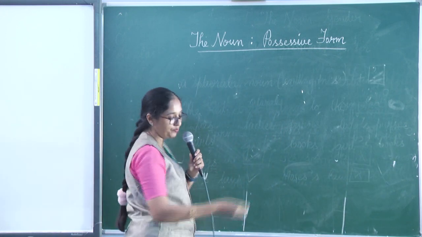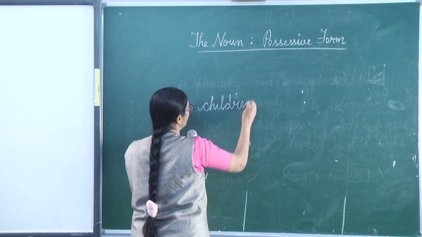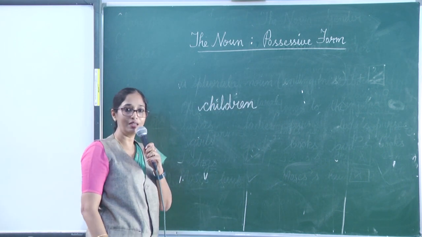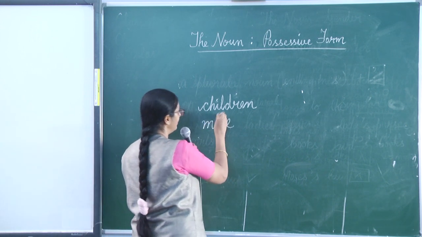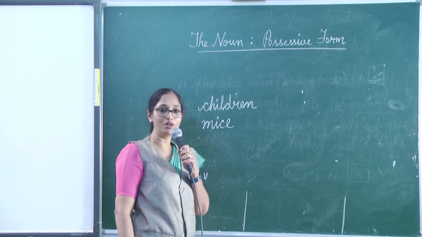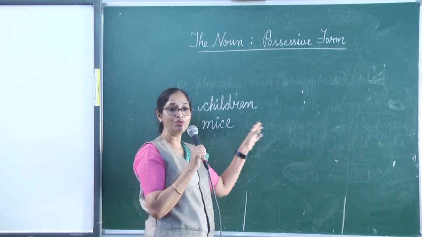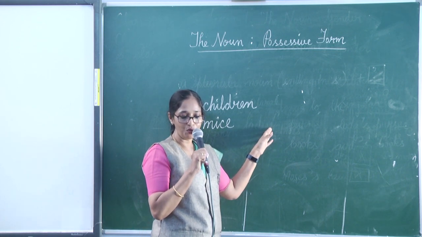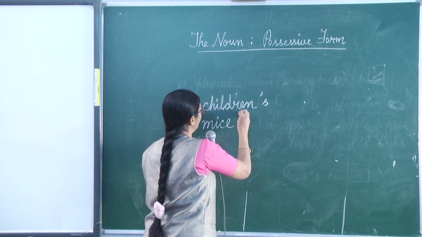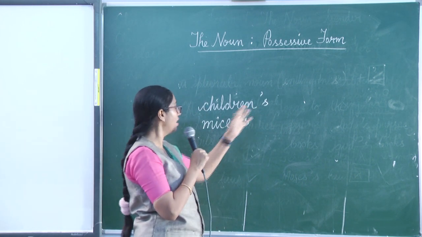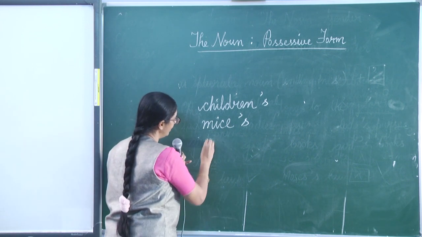For example, children. You know it's plural, but it does not end in S. Another example, mice. Again, it's plural of mouse, but it does not end in S. So here to form the possessive, you are supposed to put apostrophe S. Children's park, mice's, etc. Again, few more words are there.